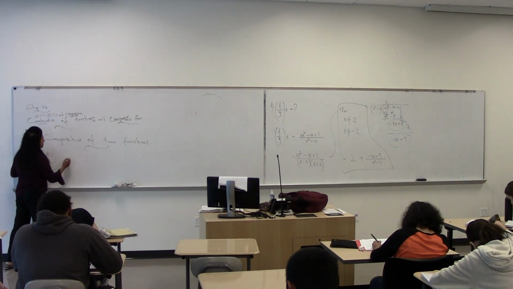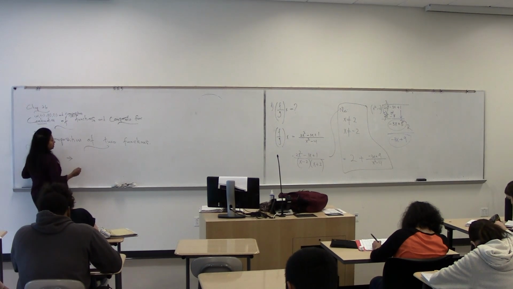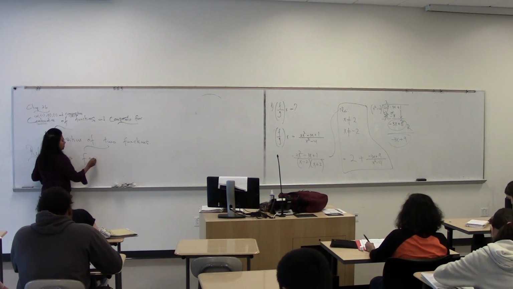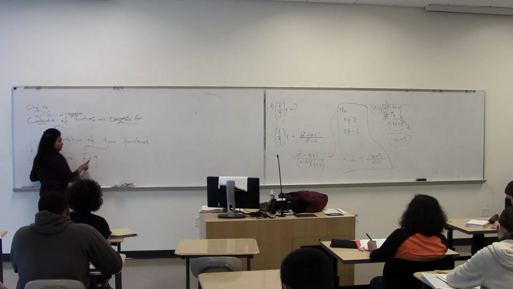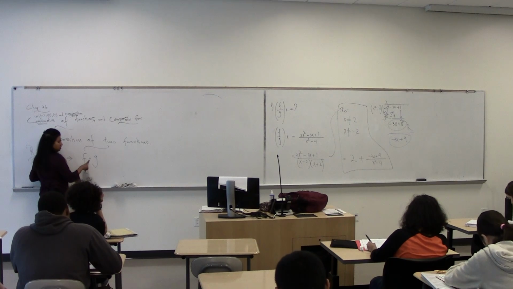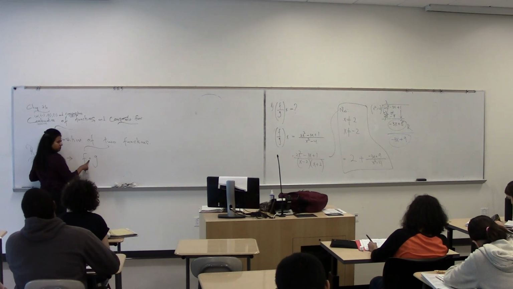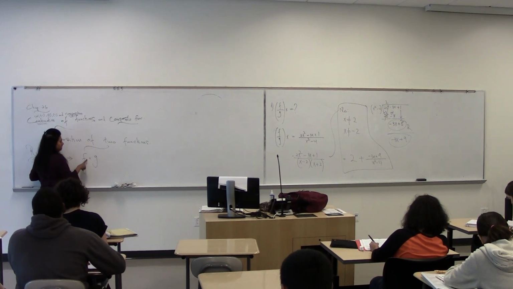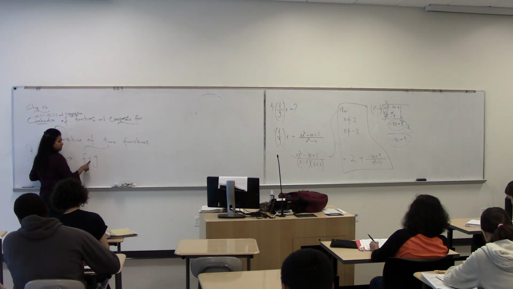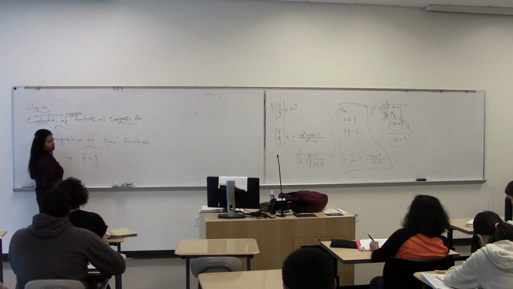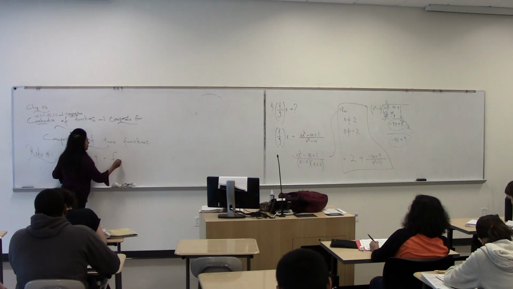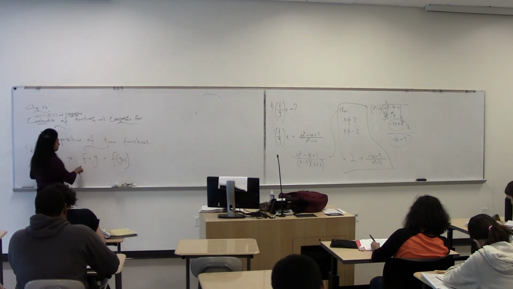Rule number 1 is f composition g. For composition, we put a small circle here. This is not multiplication, it means when you have two functions, composition is equal to f of g of x. Like that.